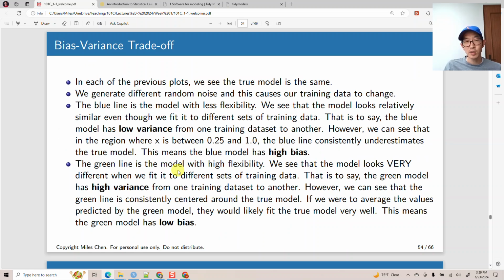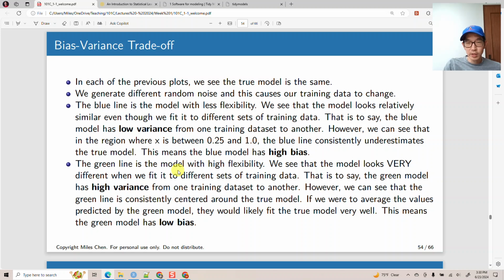The blue line has less flexibility, so when we take different random sets of data, it changes only a little bit. That illustrates low variance: from one training data set to another, it's not changing drastically even though you're getting different random data.